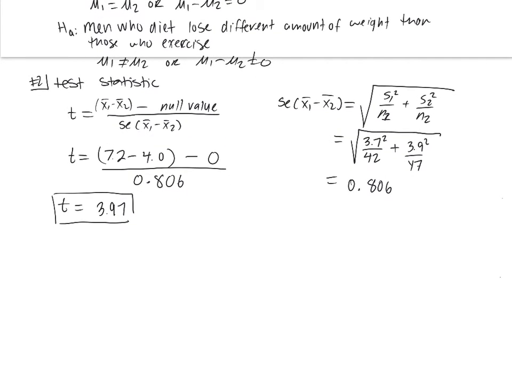Another question. Yes. At the beginning of the equation, when it says x bar 1 minus x bar 2 minus the null over SE of x bar 1 minus x bar 2, in the Z statistic, is it flipped? I think someone else asked us a good question. This is standard error of your null value. That's what you're thinking, right?